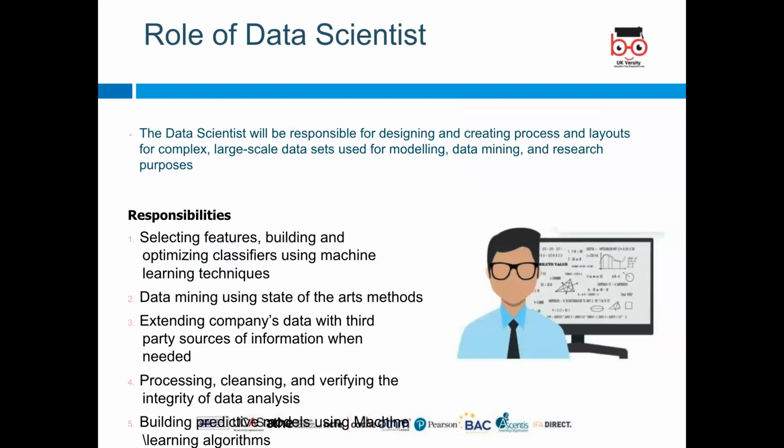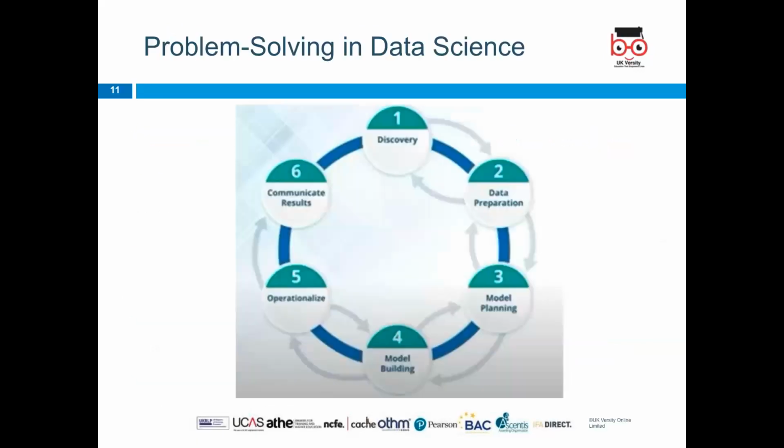A data scientist selects features, builds, optimizes, and classifies using machine learning. A data scientist uses state-of-the-art methods, and processes, cleanses, and verifies the integrity of data analysis, among other things.